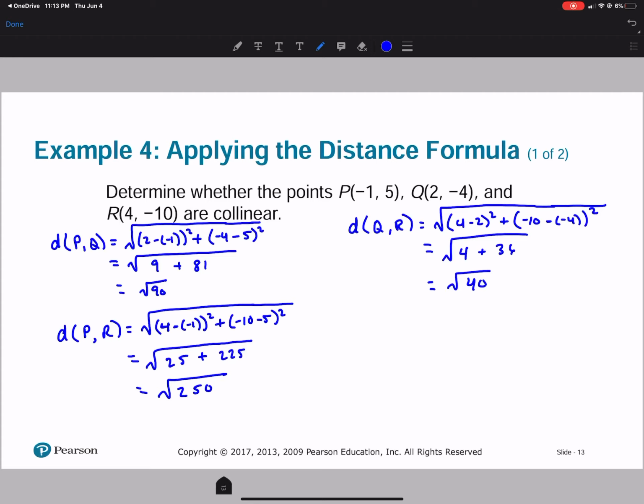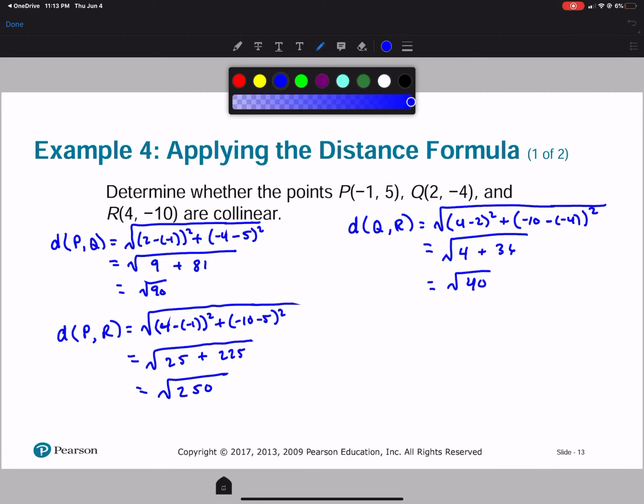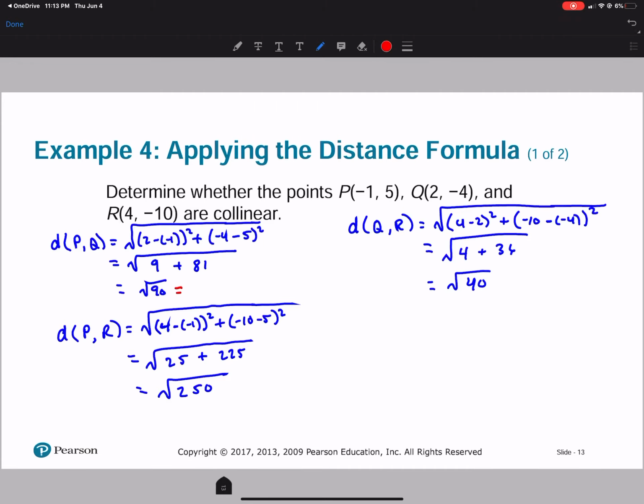Now, we know the biggest one up here is the square root of 250. So what I'm going to do, in red, is reduce these and see what they are equal to. A perfect square that goes into 90 is the square root of 9 times 10, which equals 3 times the square root of 10.